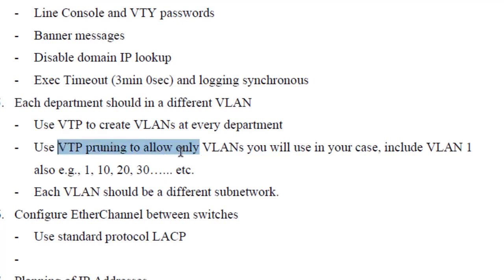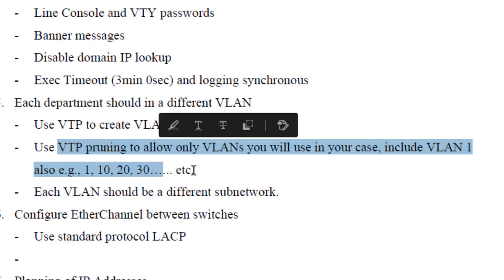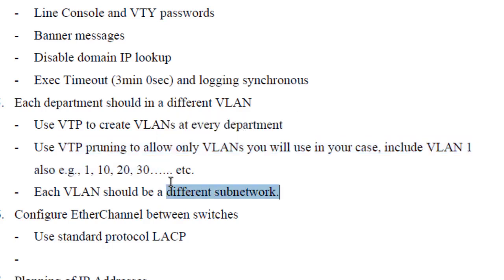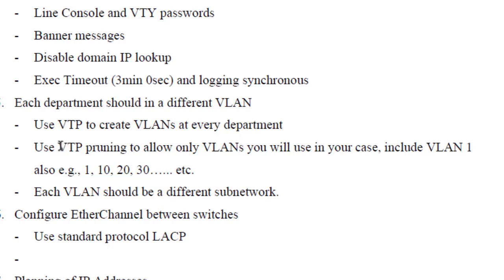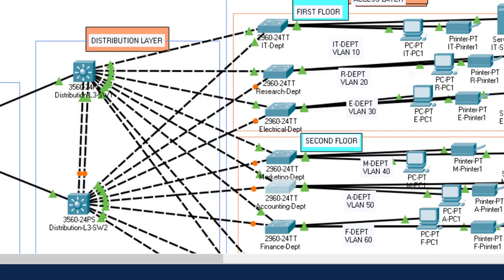Okay guys, so let me see what's remaining so far. Use VTP pruning to allow VLANs, and each VLAN should be in a different network. For VTP pruning, to save time, I will do it in only 2 switches, and the remaining ones you will do on your own for practice.